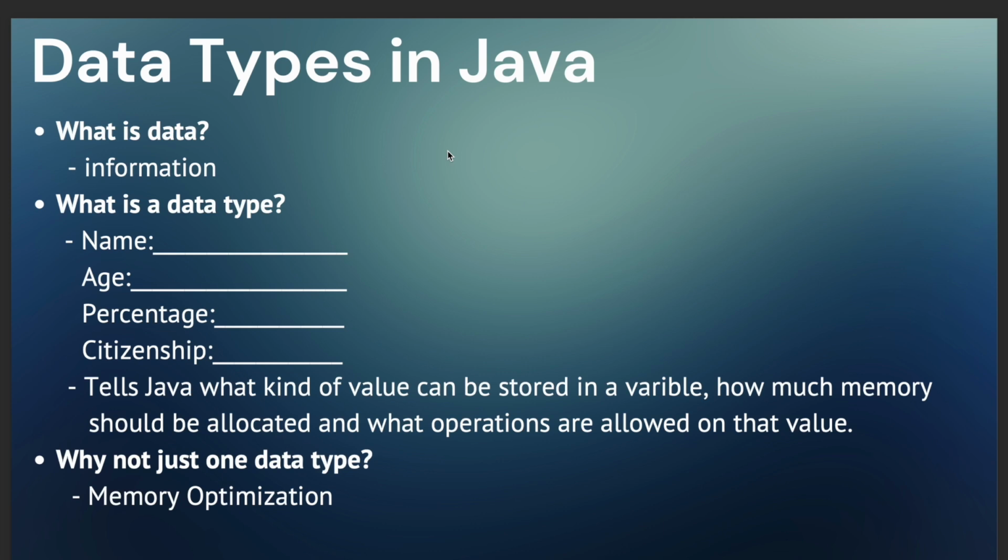Computers face the same problem. Small values don't need large amounts of memory, while very large values need enough space to be stored safely. Java provides different data types so that small values don't occupy unnecessarily large amounts of space, while large values still have enough room to be stored safely. This is why Java is considered both highly efficient and type safe.